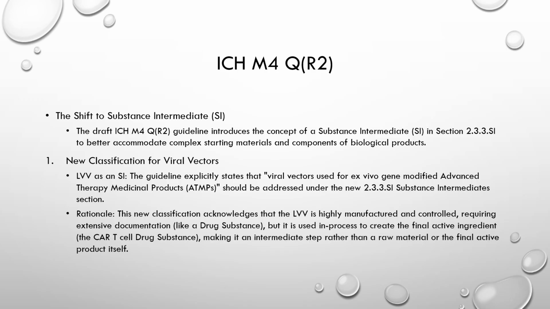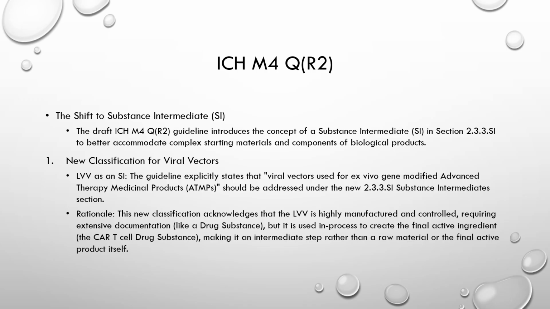In the section 2.3.3 SI, the presentation of the dossier is going to shift, as I said in a previous slide, from module 3 to module 2.3. Module 2.3 will be the main focus of review, and module 3 will be the repository.